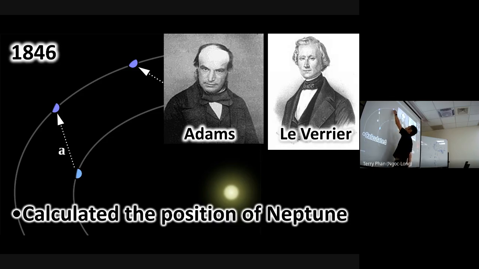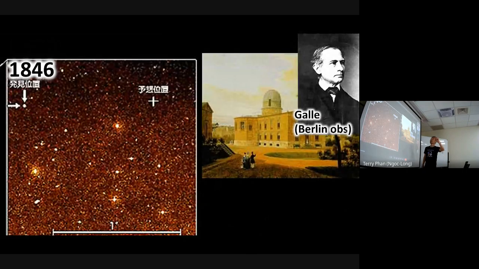And Neptune sometimes pulls Uranus to speed up and sometimes pulls it to slow down. So when they calculated where Neptune's position is, they predicted it's here, and then this guy pointed a telescope there, and Neptune was there. Maybe you know the story, right?